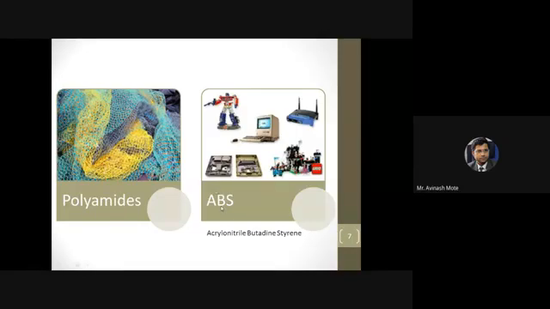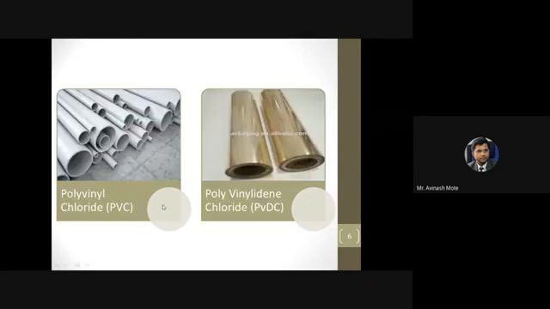This ABS plastic you will find. It is known as acrylonitrile butadiene styrene. Again, don't get confused by the name. It is a chemical nomenclature, and everything comes from this chemical nomenclature.